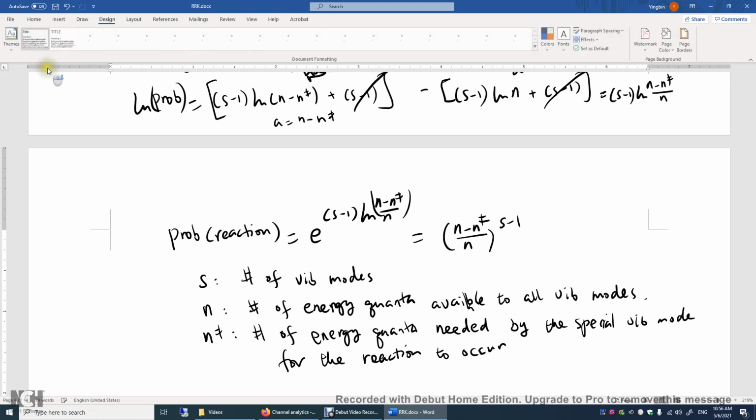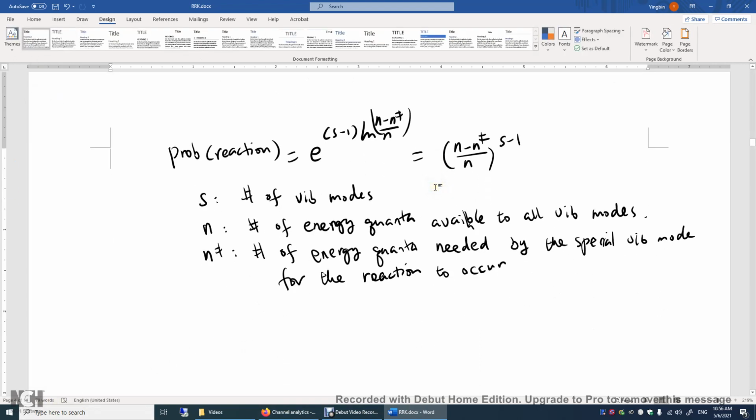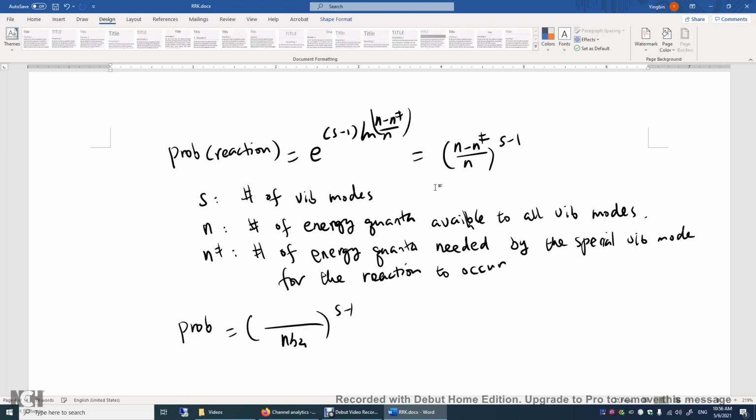All right, and also we can rewrite this probability for the reaction to occur by multiplying by h nu. So it's going to be n h nu minus n double dagger h nu.